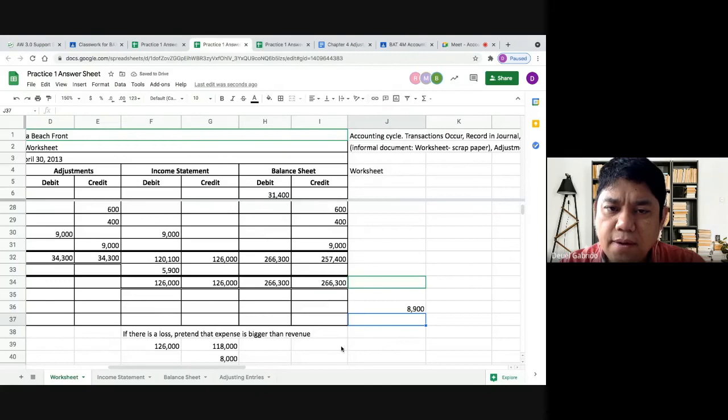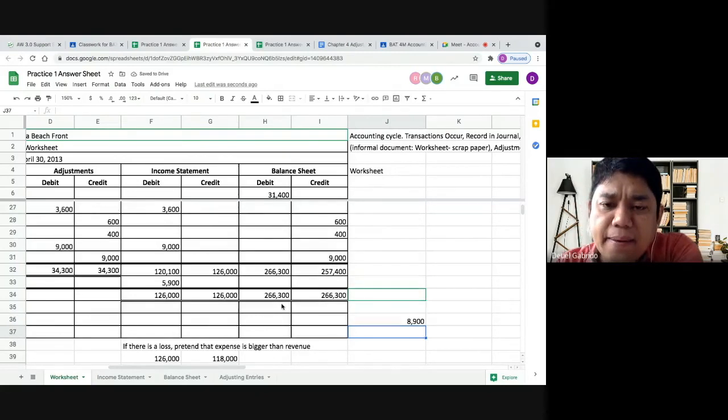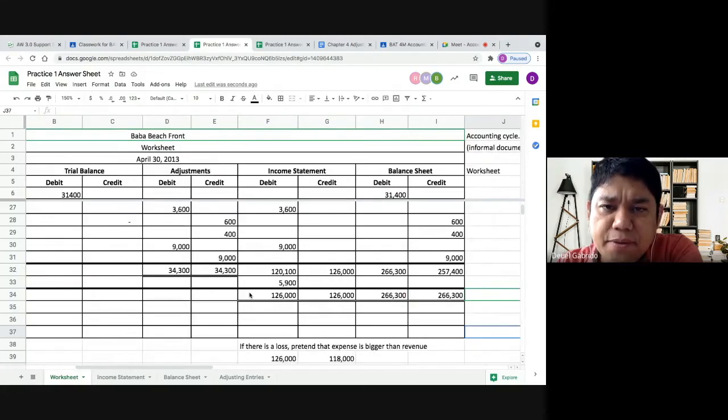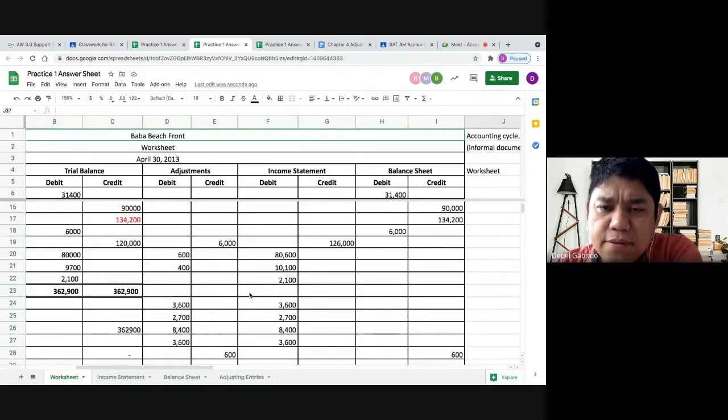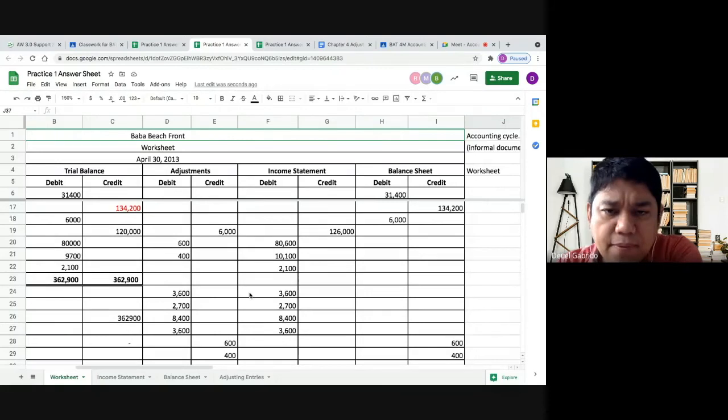How come it's over by that? It should not be like that. Something is wrong. Did we forget something? 120 plus 6 is 126. 80,000 plus 600 is 80,600. 97 plus 4, 10,100.